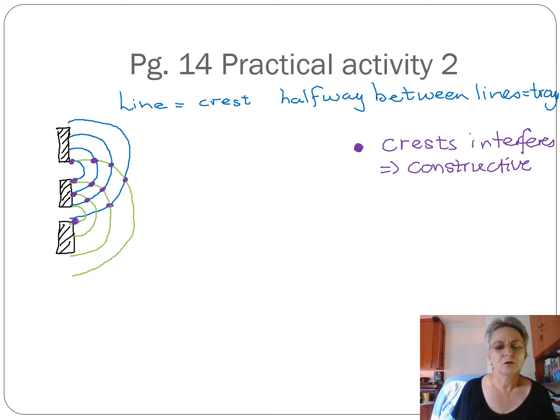Now, I'm going to mark the places where troughs interfere. So here you have halfway between two crests, halfway between two crests interfering. Here as well. So my red dots would be where you have constructive interference, but troughs are interfering.